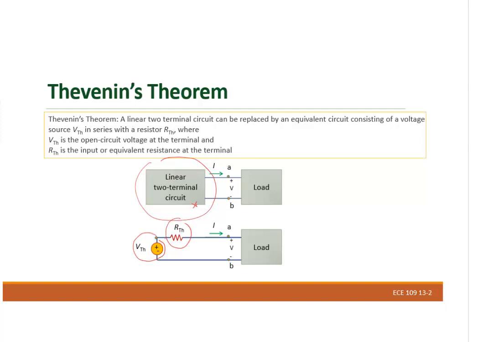We call this voltage source the open circuit voltage at the terminals A and B, and we call RTH the input equivalent resistance at the terminals A and B. The reason we do this is that if we load anything after that, we can easily find the different values for different elements.